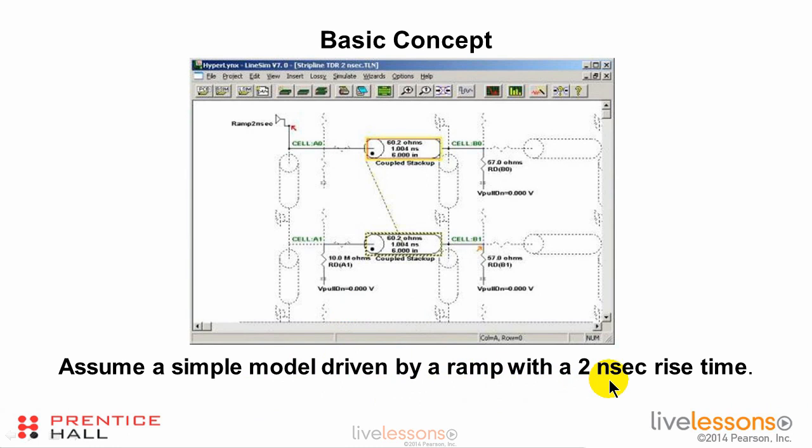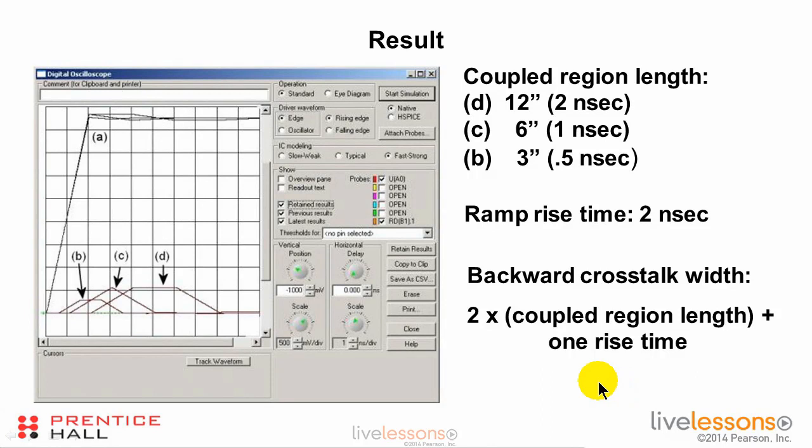That's not exactly what a signal looks like, but what it will do is give us a very precise picture of what the crosstalk signals look like. And here's what the result is. Here's the ramp. And this is 1 nanosecond per division, so we have a 2 nanosecond rise time.